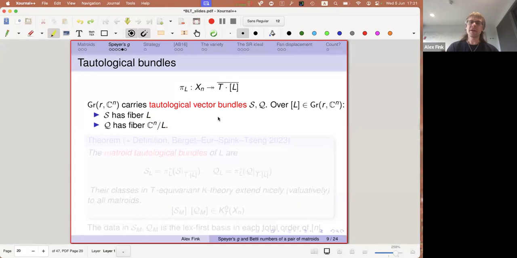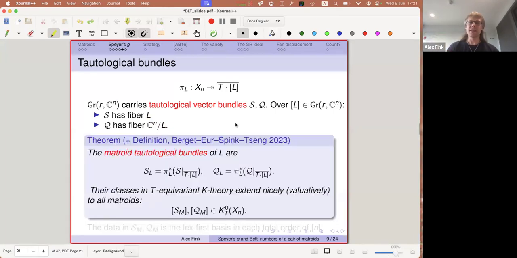These are standard constructions, and the star of this paper of Berget, Eur, Spink and Tseng, published last year, are matroidal versions of this, in the sense that if I have a linear space, I can take these bundles and pull them back across the map pi L and get two bundles on the permutahedral variety Xn called SL and QL down here.